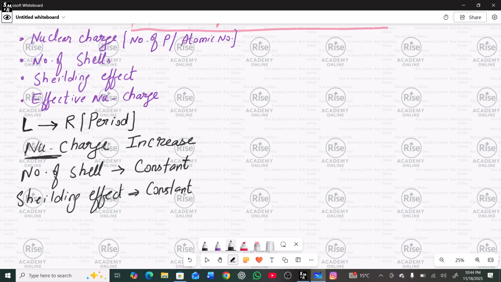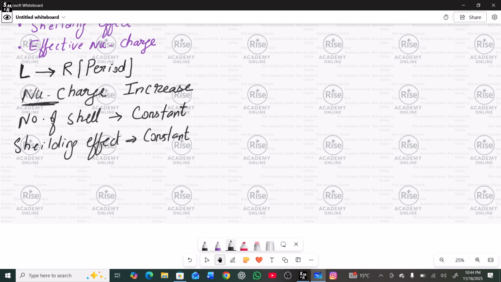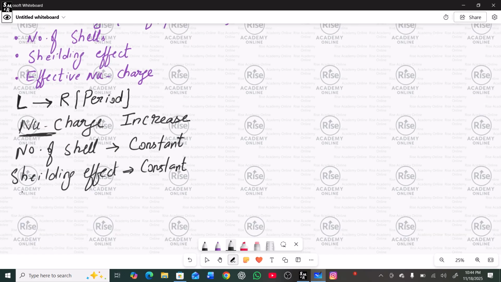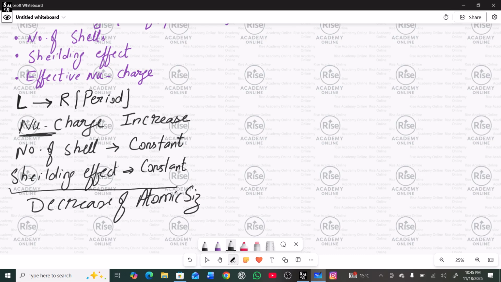As the nuclear charge increases, it pulls the outer electrons closer towards the nucleus. And the result is a decrease of atomic size, that may be in terms of atomic radii, ionic radii.